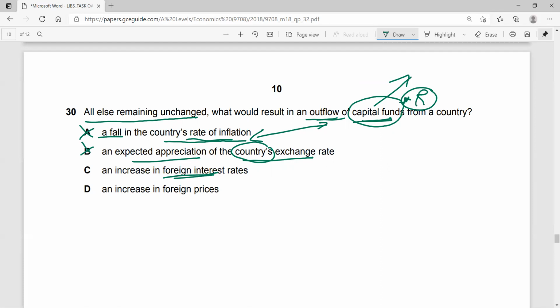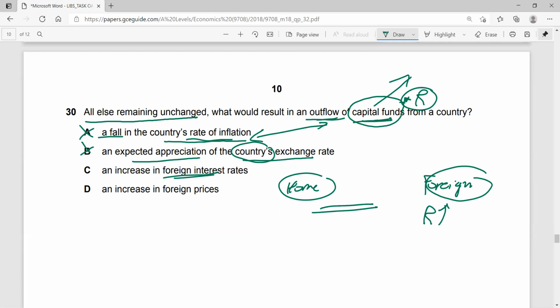An increase in foreign interest rates, and this seems to be the correct answer, because let's suppose this is your home country. Let's suppose this is some foreign country that we're talking about. If foreign interest rates increase, the reason why hot money and capital funds will have an outflow from our country to an inflow for the foreign country is because they're getting a better rate there. If there's an increase in interest, then there's more value to saving there than there was before.